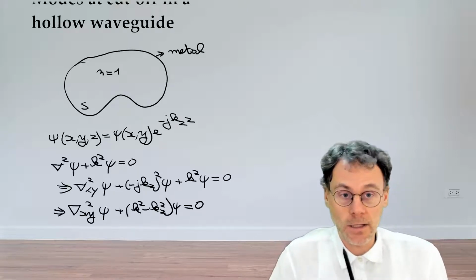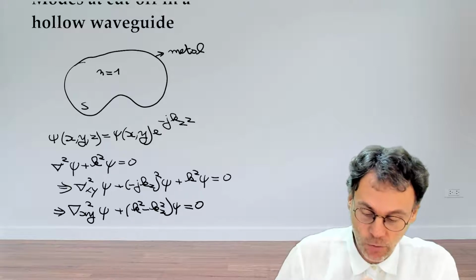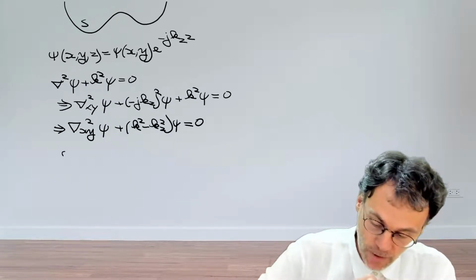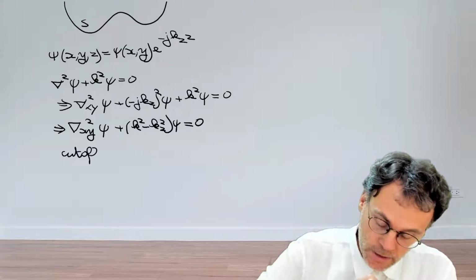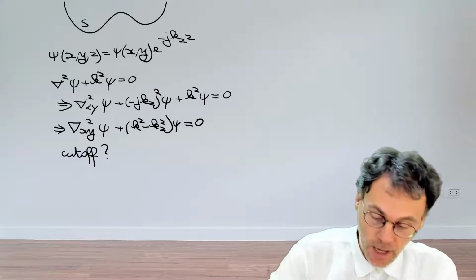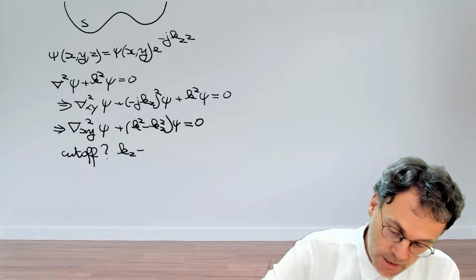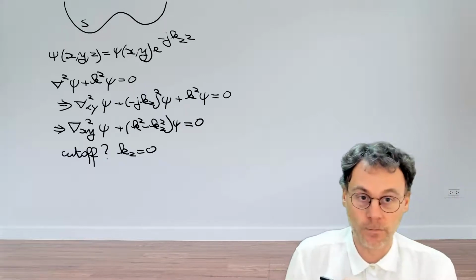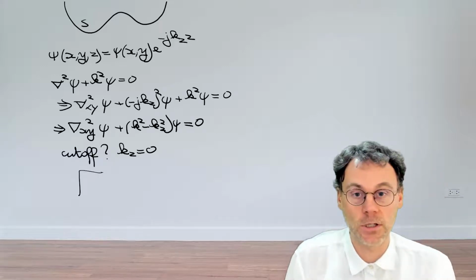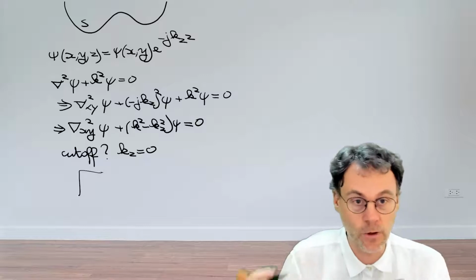Let's now take a next step and look at what happens in the situation where we are at cutoff. Now, when is a waveguide mode at cutoff for this particular geometry? That happens when the propagation constant kz is equal to 0. Of course, do not confuse this with the cutoff condition that happens in an open waveguide, for example, an optical fiber.